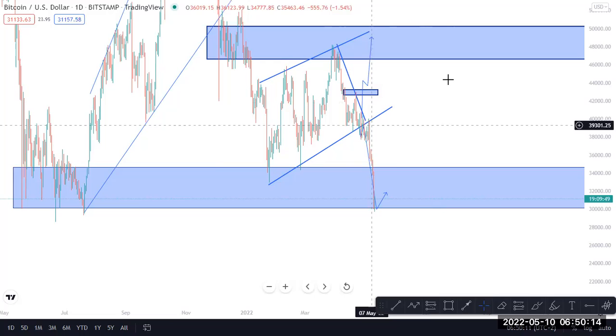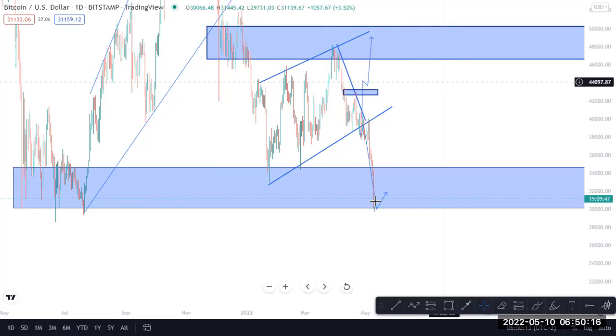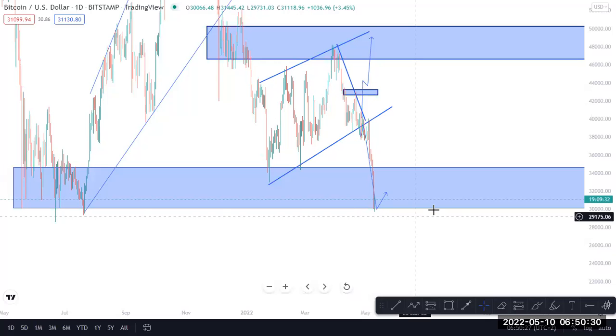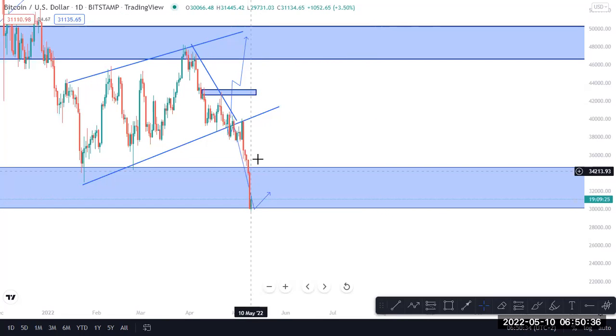We broke this area, so now we're looking to see if it came back to this area. It is a daily case. Right now, what I want to see is, are we respecting this area, or will we continue going down? You can see that right now we're respecting this area. But am I satisfied with this? No, not until we break and hold above this structure, because anything can happen around that.